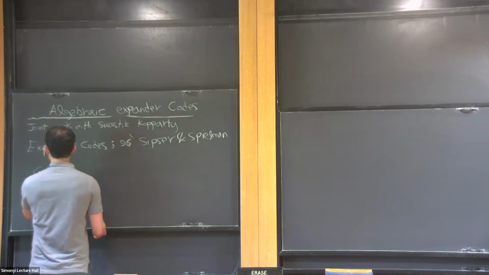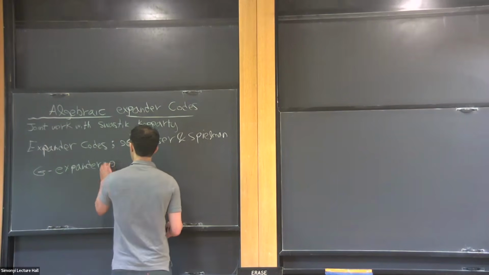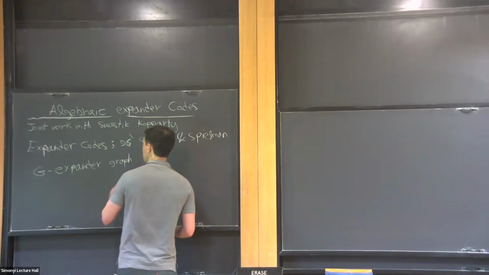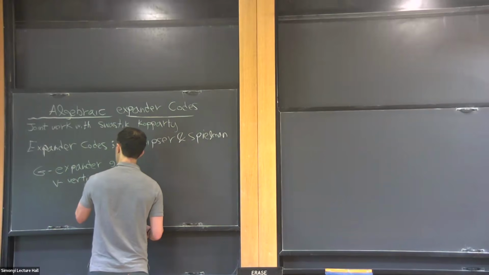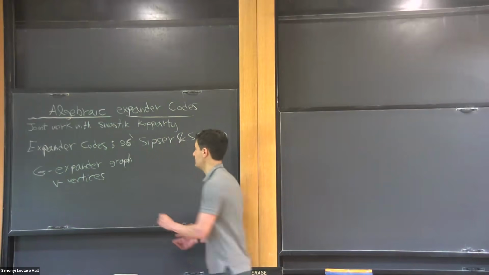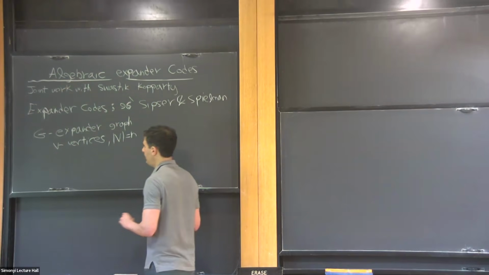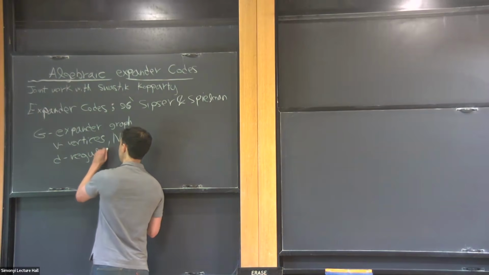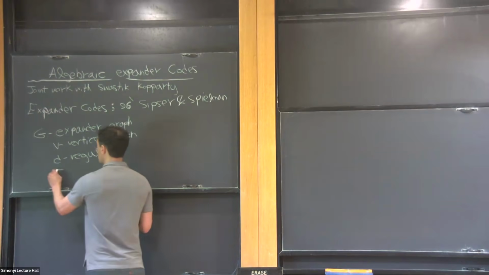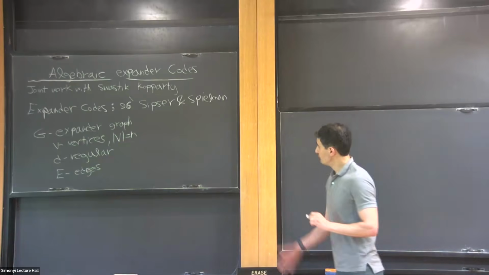Let me be precise. They take an expander graph, where V are the vertices, say we have n of them, and it is D-regular, and E are the edges of the graph. This is one ingredient.